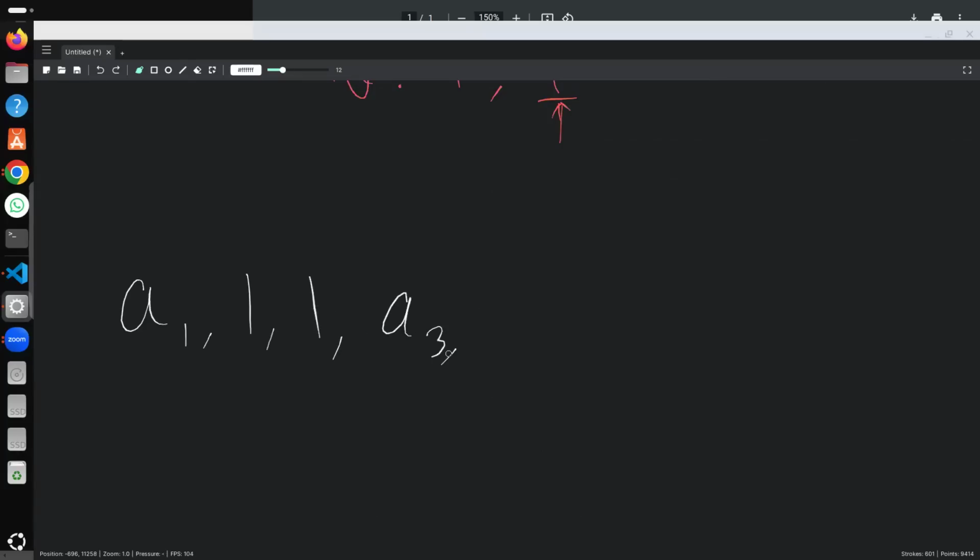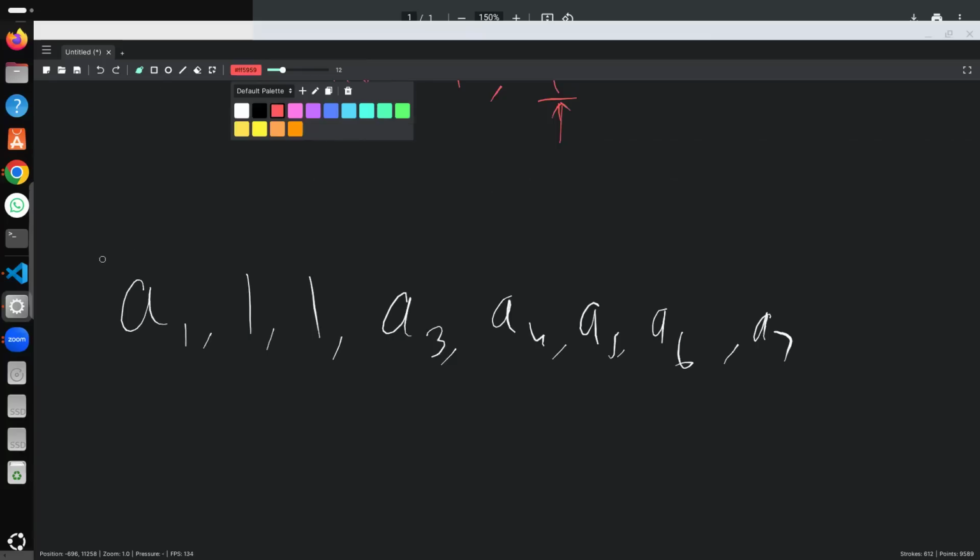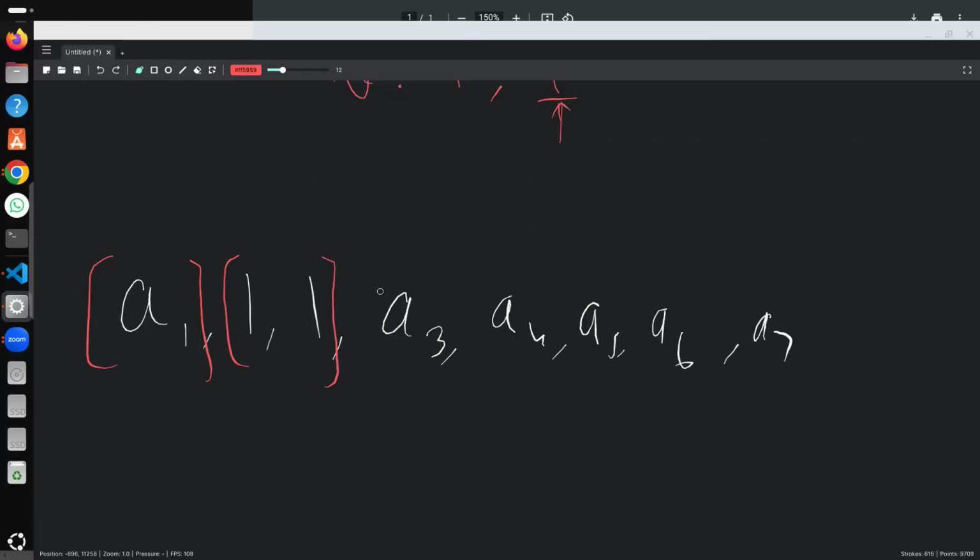And we have A3, A4, A5, A6, and A7. In this case, what we can do is take this as one segment, so this will not be counted in the array. Then we can take these two ones as the other segment.